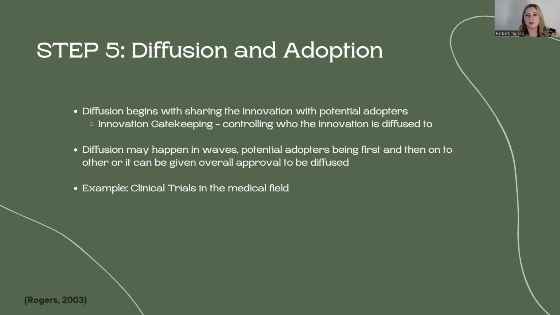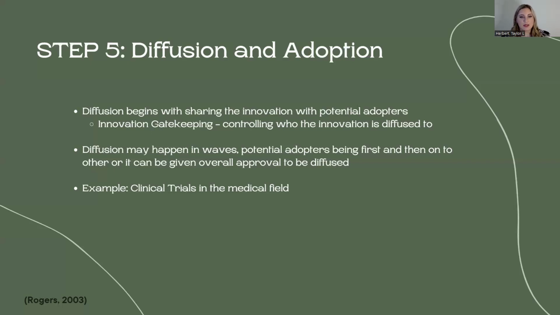Typically with diffusion, you want to start with people who you know are potential adopters. If those potential adopters are receptive to the idea and adopt the innovation, then it can go further into the other target audiences and the rest of the population, but the potential adopters have the least risk.